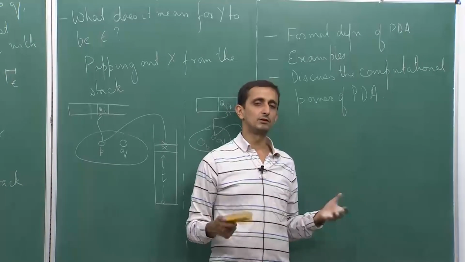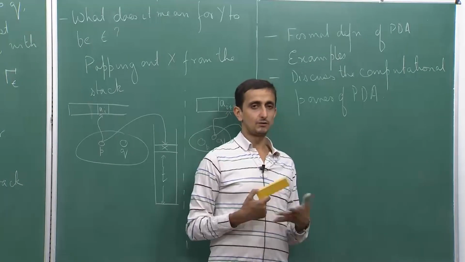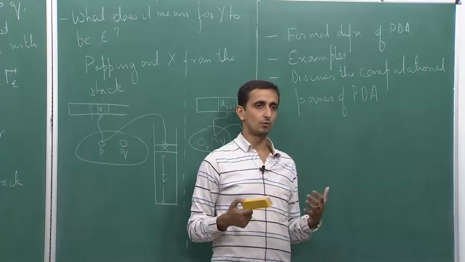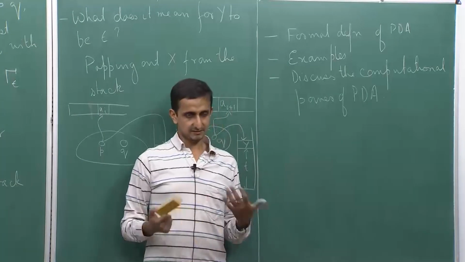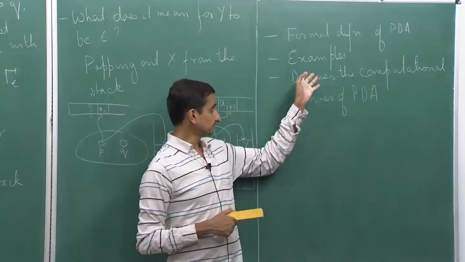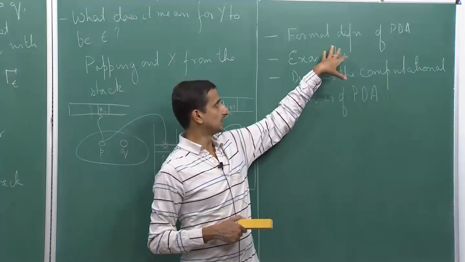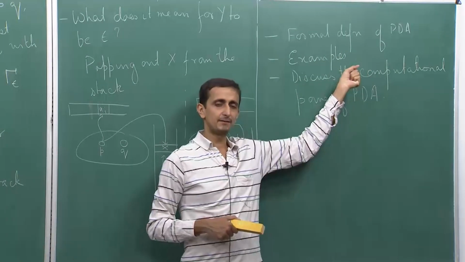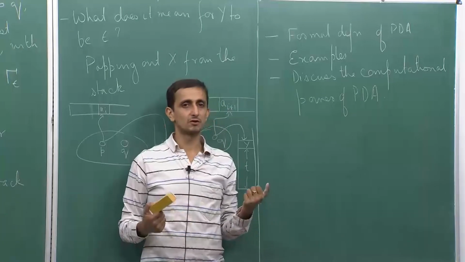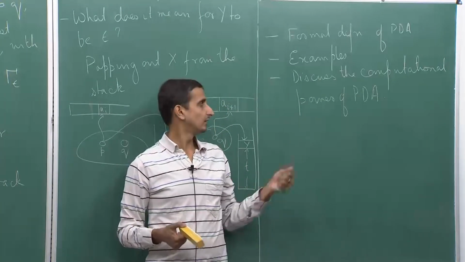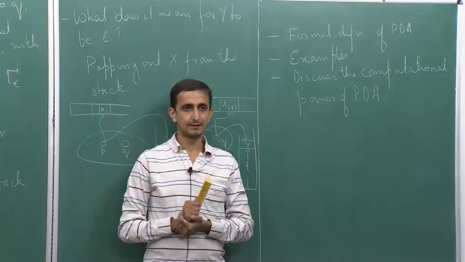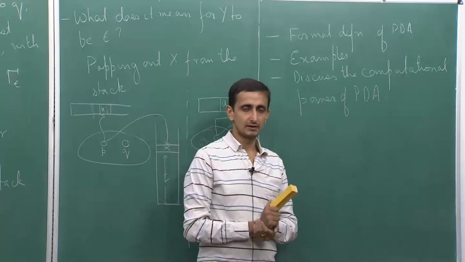Are they more powerful than finite automata? Are they equally powerful, or if they are more, what kind of extra languages do they accept? But before that, we will see the formal definition of a push down automata. What does it formally mean for a push down automata to accept an input, and then we will see some examples. So, I will stop here today.